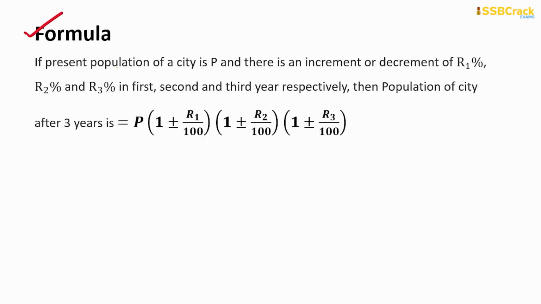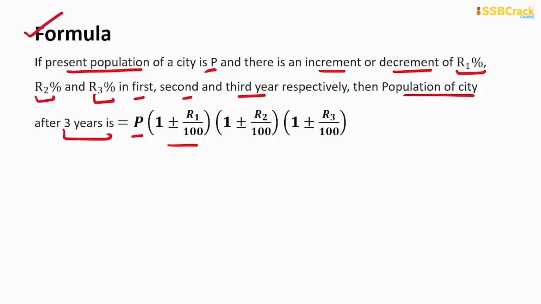Now coming to the next formula, it states that if the present population of a city is P and there is an increment or decrement of R1%, R2% and R3% in the first, second and third year respectively, then the population of the city after 3 years is given by P into (1 plus-minus R1 by 100) into (1 plus-minus R2 by 100) into (1 plus-minus R3 by 100).